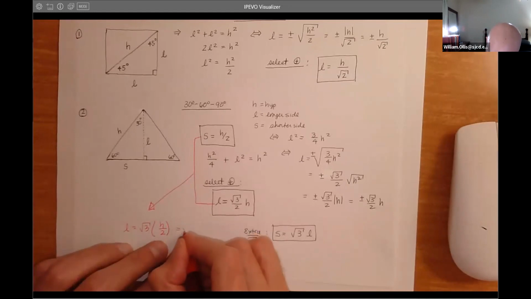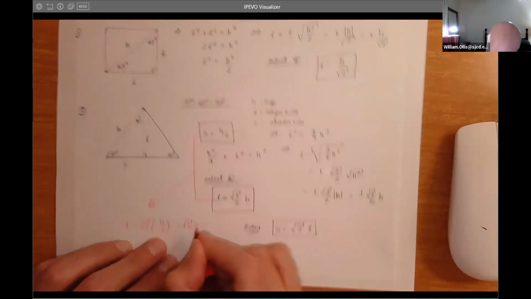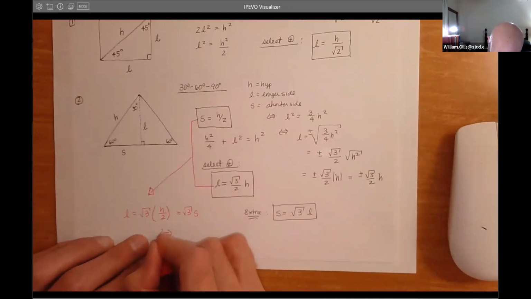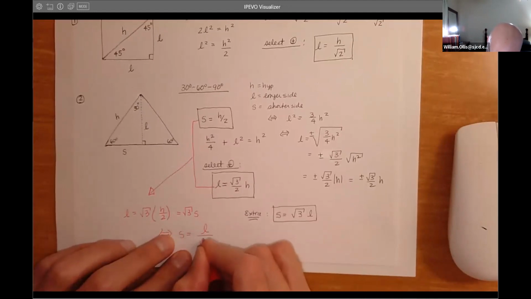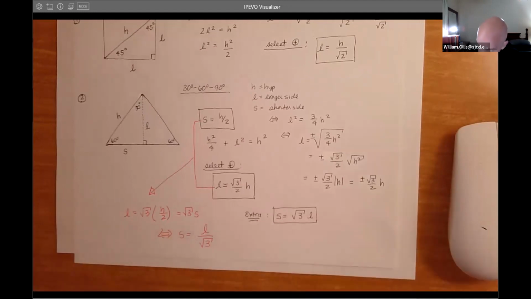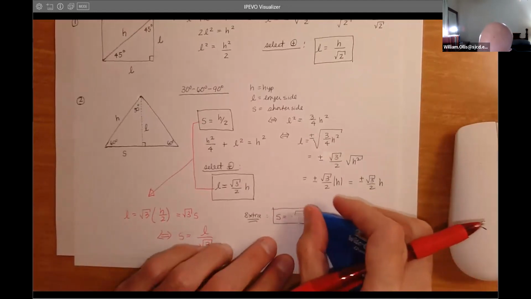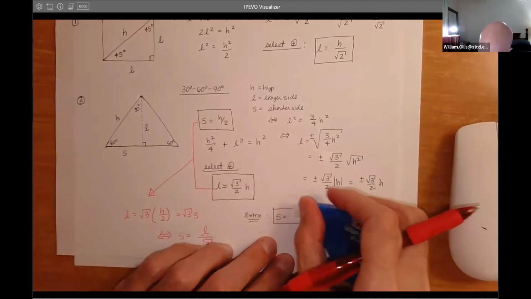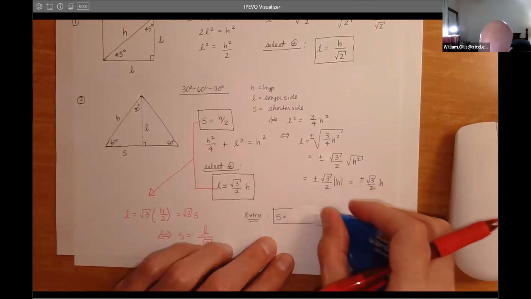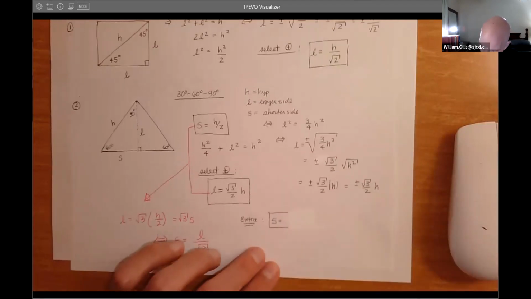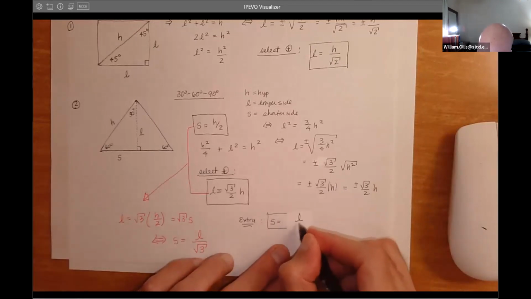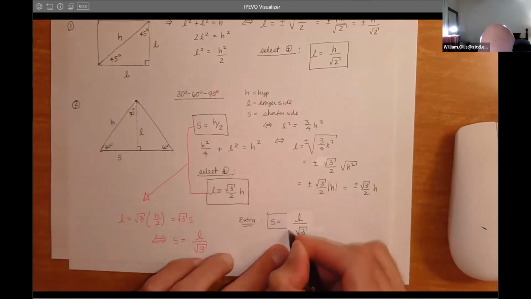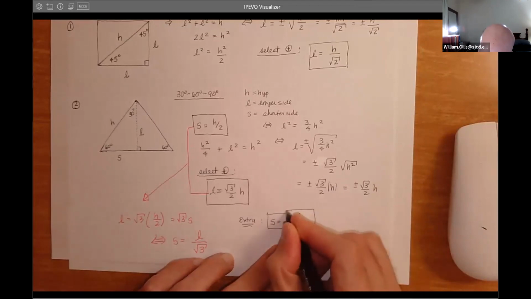So this is just square root 3 times S. And so if and only if S equals L divided by the square root of 3. So my formula here I need to fix. And it just occurred to me, that's why math is so wonderful. It tells you exactly what to do if you make an error. So this is L over square root 3. Makes a lot more sense.